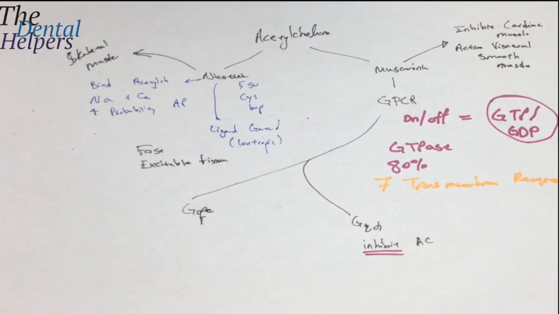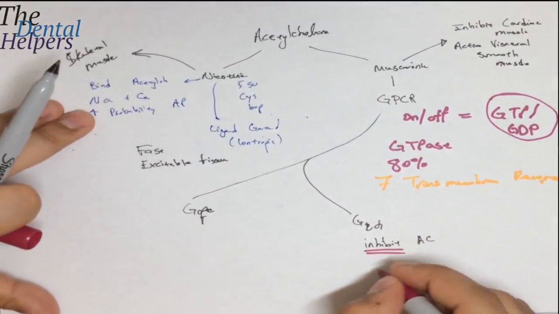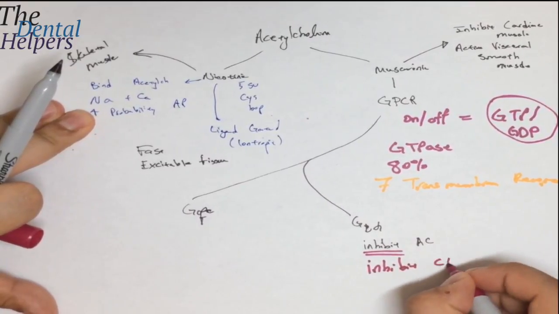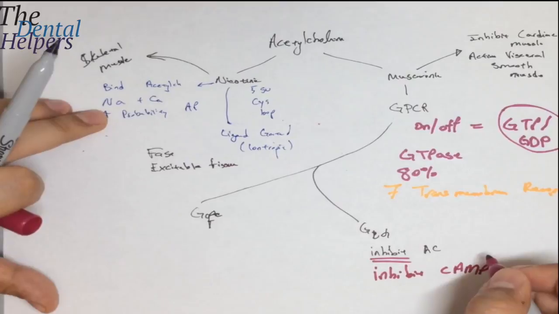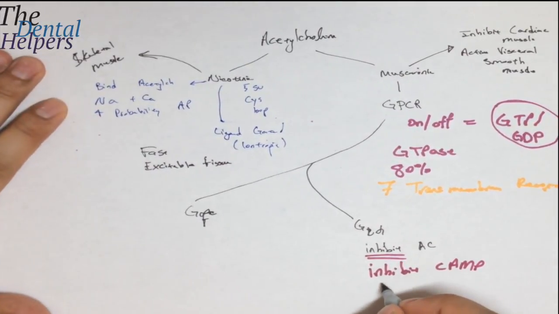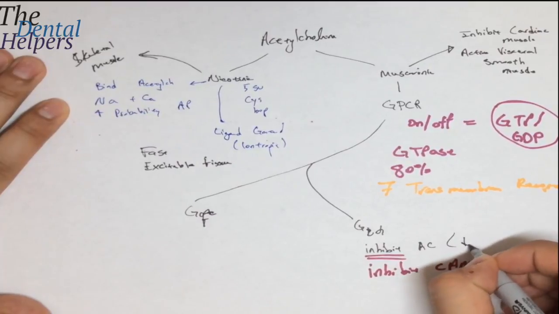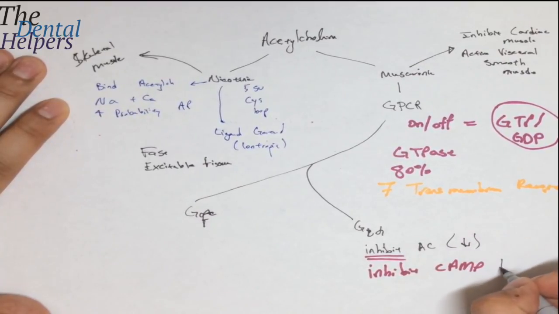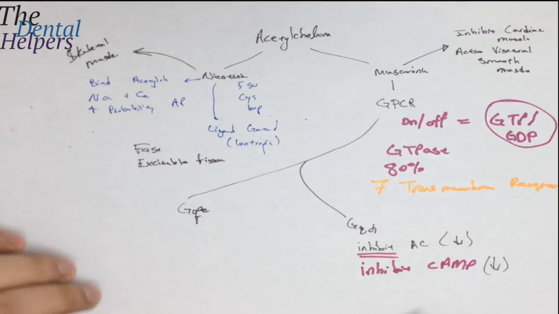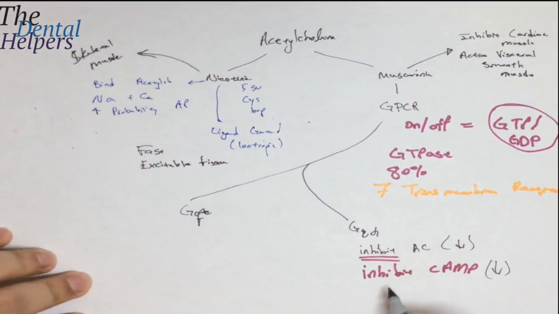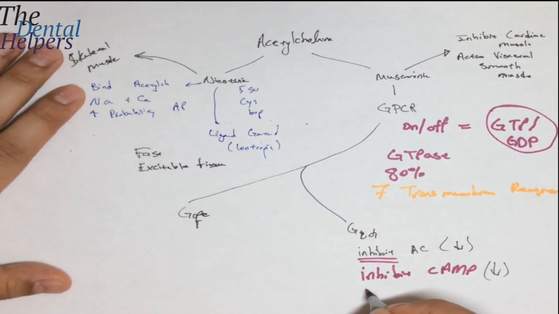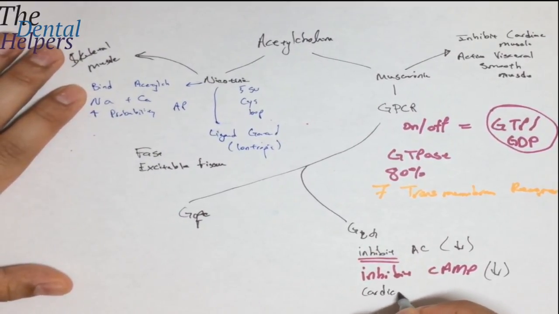And so what that means is we're going to have inhibiting cAMP. So we expect that concentrations of adenyl cyclase are going to go down. Concentration of cAMP is going to go down as well. And basically the Gi alpha is going to be involved in inhibiting your cardiac muscle.